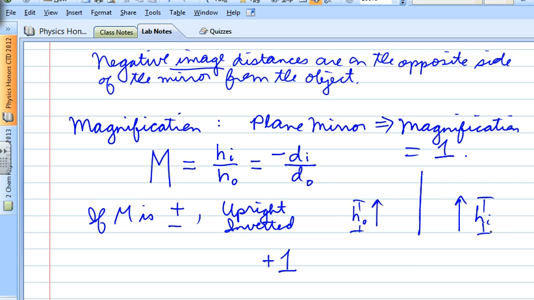And then let's just go with my example of 8 centimeters and negative 8 centimeters. Well, positive 1 is equal to the opposite of negative 8 centimeters divided by 8 centimeters. So that's how we define magnification. So plane mirrors are fairly easy to work with. The tricky part is when we start making curved mirrors, and that will come later.